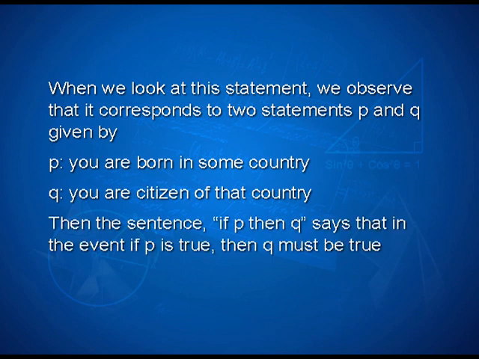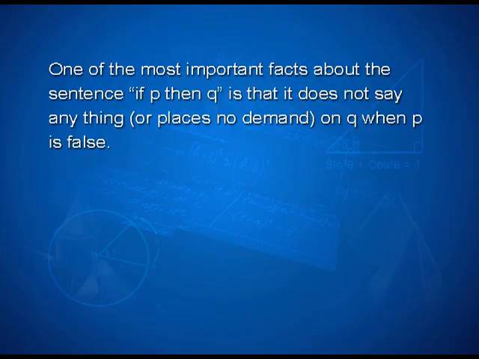Then the sentence "if P then Q" says that in the event P is true, then Q must be true. One of the most important facts about the sentence "if P then Q" is that it does not say anything or place any demand on Q when P is false.